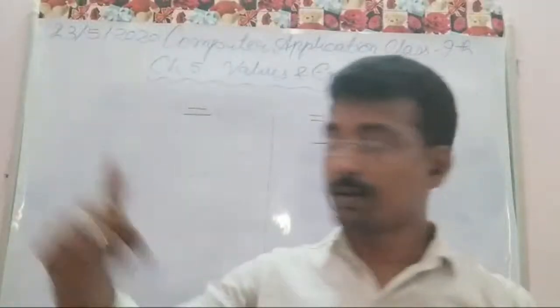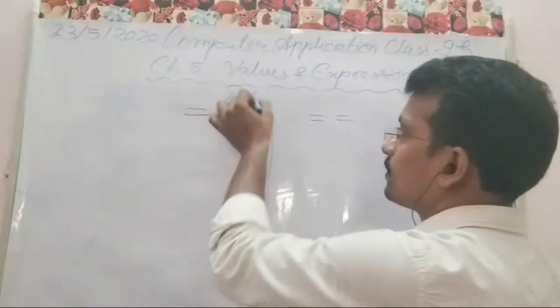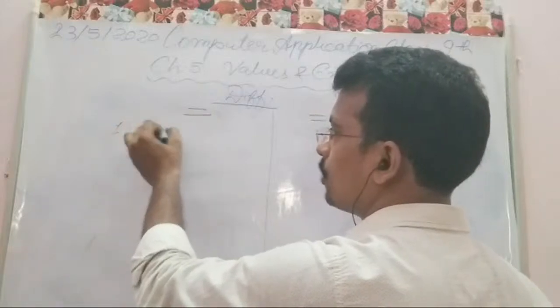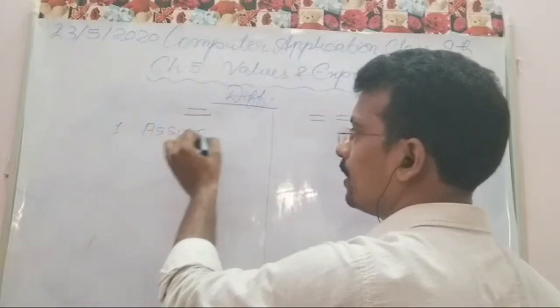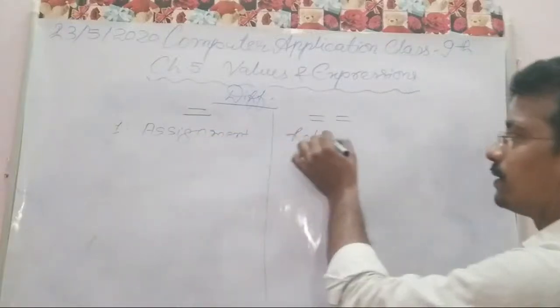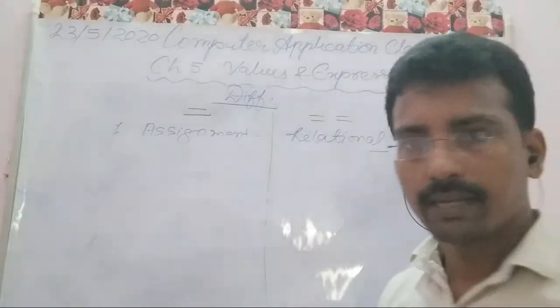Okay, I will tell you. Suppose it is given to find the difference. Your first point you will write: it is an assignment operator. And this is a relational operator. Clear?